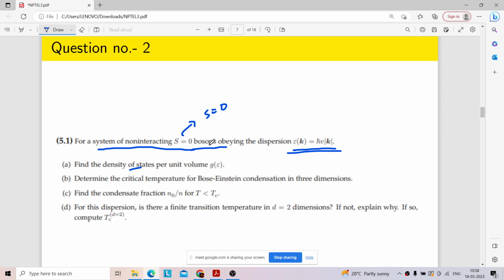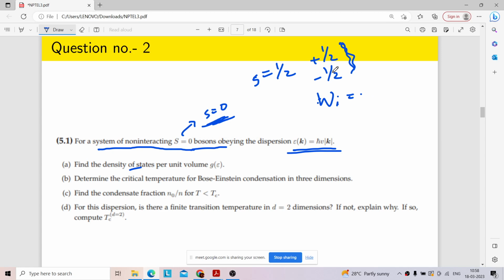So you see, it specifically mentions the spin of the particle. What is the importance of this spin? Let's say we have a spin half particle, then we can have plus half or minus half. So we'll have two different ways for this particle. If we want to calculate the number of microstates, then what does the Pauli exclusion principle say?